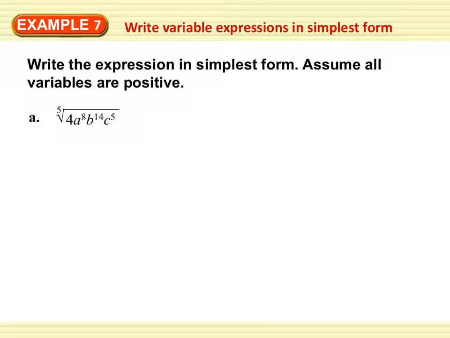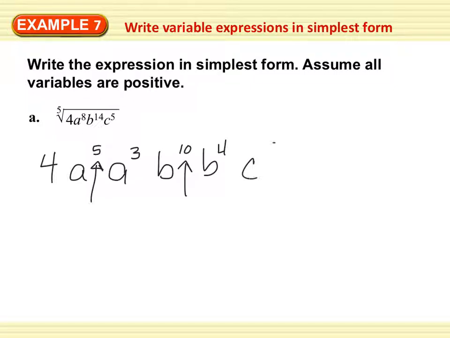All right, next example. Write variable expressions in simplest form. Assume all variables are positive. Okay, this is quite complicated, but I'm going to try to factor out perfect fifth powers. So I've got a 4, an a, I can say a to the 5th and a to the 3rd, because this right here would be a perfect 5th power, b to the 10th and b to the 4th, okay, perfect, and c to the 5th.